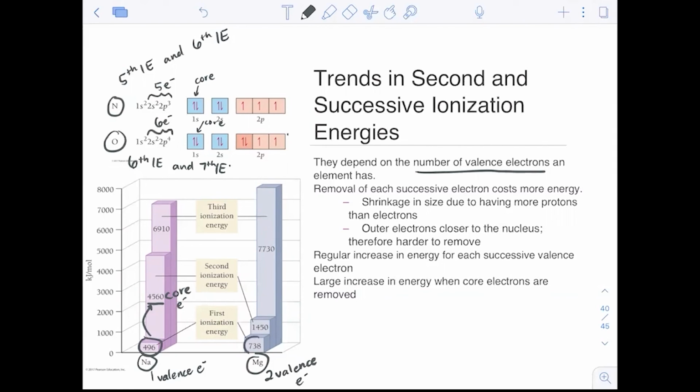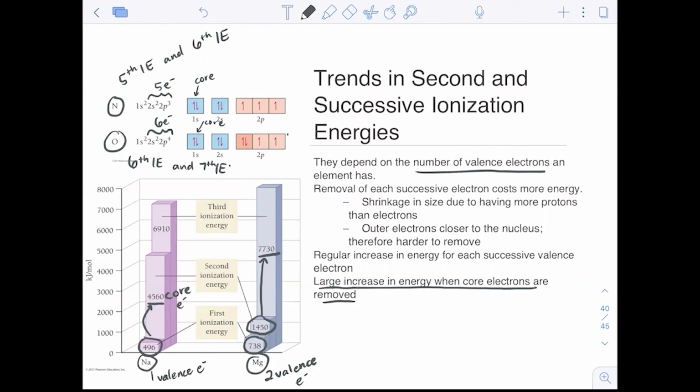So we see a first ionization energy that's small and the second one that's a little bit bigger, but look at this huge jump now between the second and the third. We don't want to go into the third for magnesium because we only had 2 valence. We're going to start to dip into the core. So there will always be a large increase when the core electrons are starting to be removed.